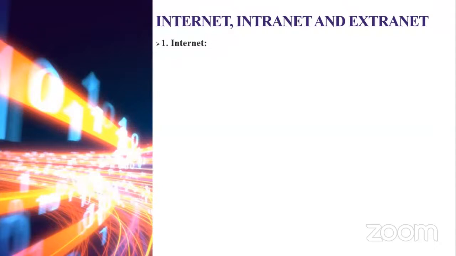Network of networks is like this: if you are connecting through the internet, a Zoom link, or through some web browser like Google Chrome, where is it coming from? The server is situated somewhere in the US, and from there it has to come to the exact location where we are residing.